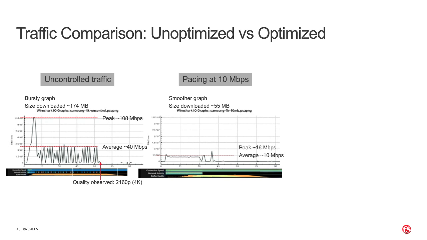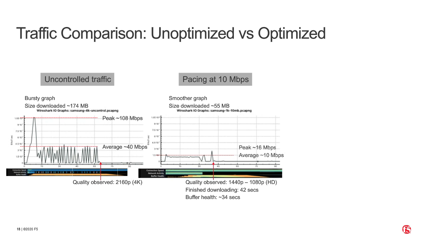So we moved from 174 to 55 megabyte of data downloaded. And the resolution was between full HD, so between 1080p and 1440p. The video was changing resolution over time, and this is coming from the concept of chunks I was mentioning in the previous slides.